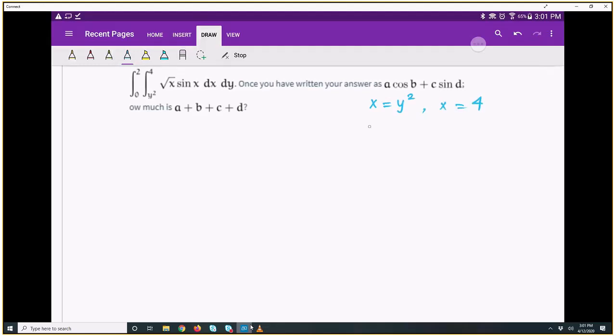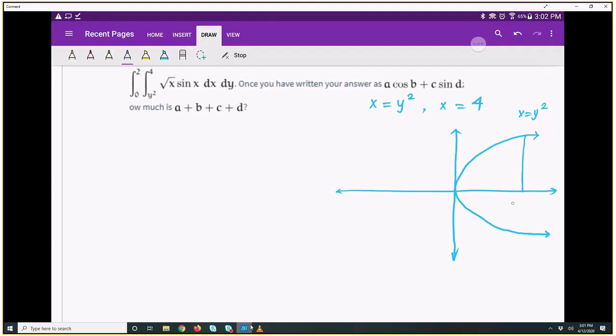So I'm going to draw these two graphs on the Cartesian coordinate system. x equal to y squared is the parabola with the x-axis as its axis of symmetry, and it opens to the right. So the graph of x equal to y squared will be something like this. That's the lower limit. The upper limit is the vertical line x equal to 4.